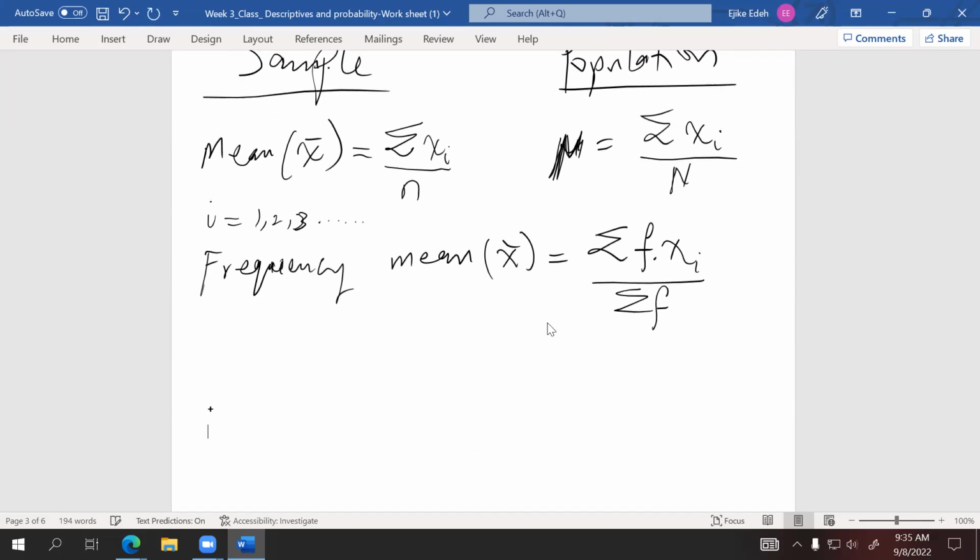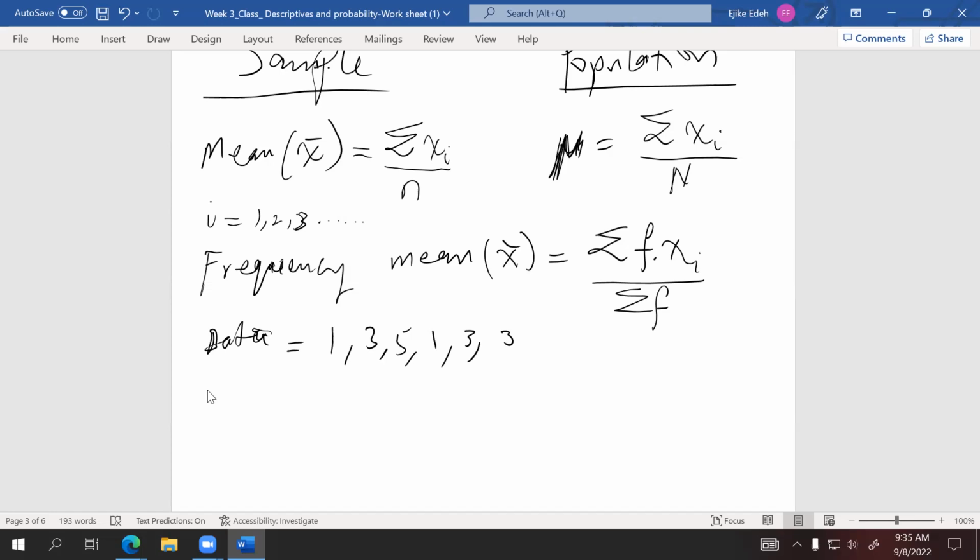So for example, I have this set of data: a data point 1, 3, 5, another 1, another 3, another 3. Let's say I have this as my data. Let's keep it simple.